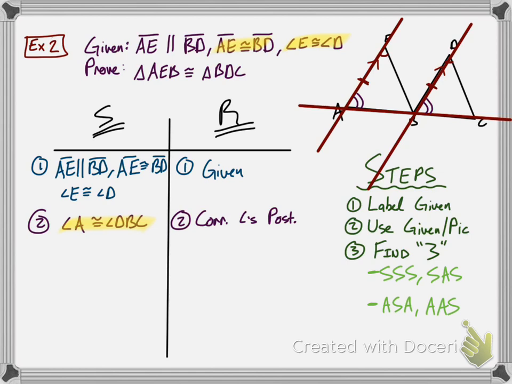And we have enough information to prove that triangle AEB is congruent to triangle BDC, based off of angle, side, angle. We have 2 angles and the included side for our shortcut there.